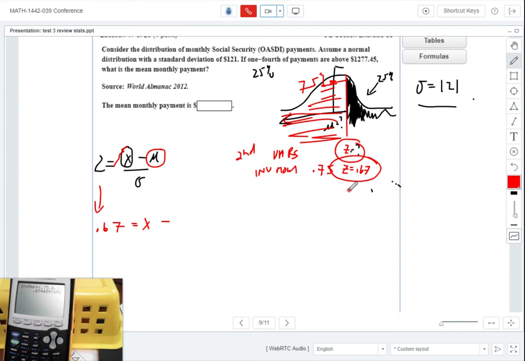Oh, we have our Z value. We don't have an X value, but we have the Z. Seems like we're missing too many pieces of data.